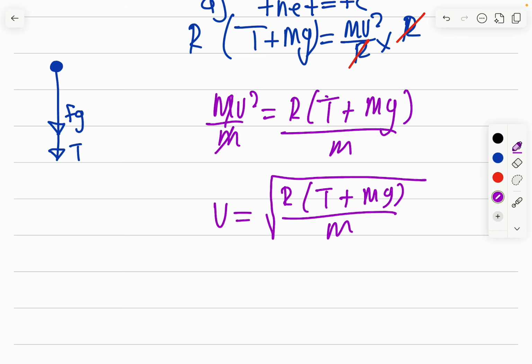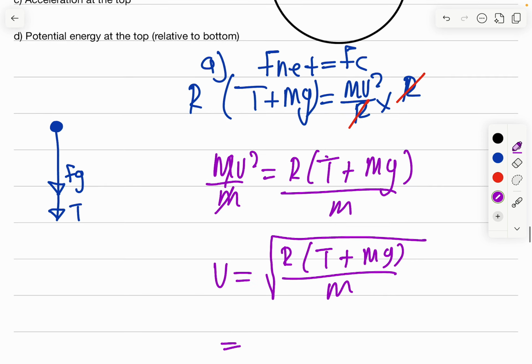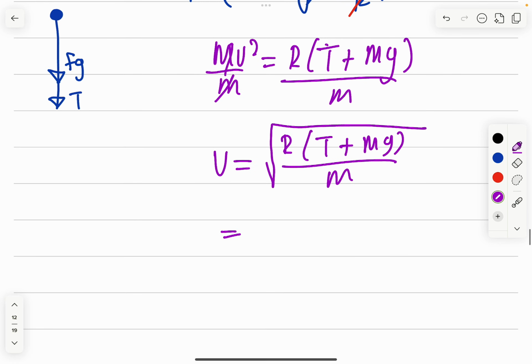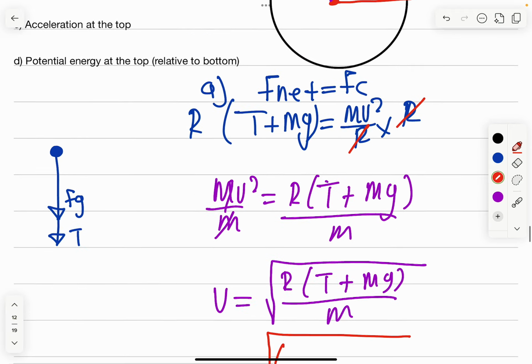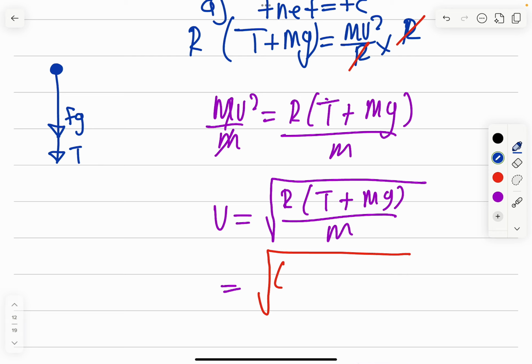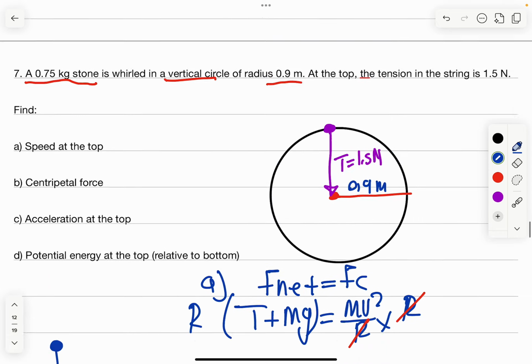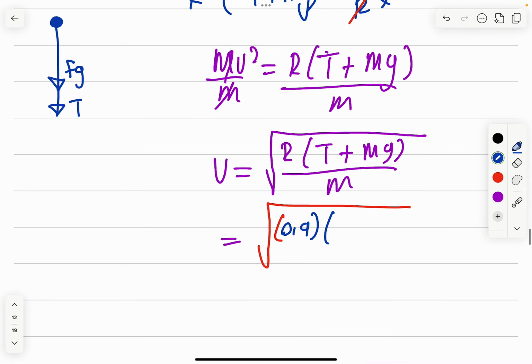Therefore, you start to substitute your values, or you can substitute straight here. I'm going to have the square root of the radius, which they gave me as 0.9, times the tension they gave me, 1.5 newtons, plus the mass 0.75 times gravity 9.8.